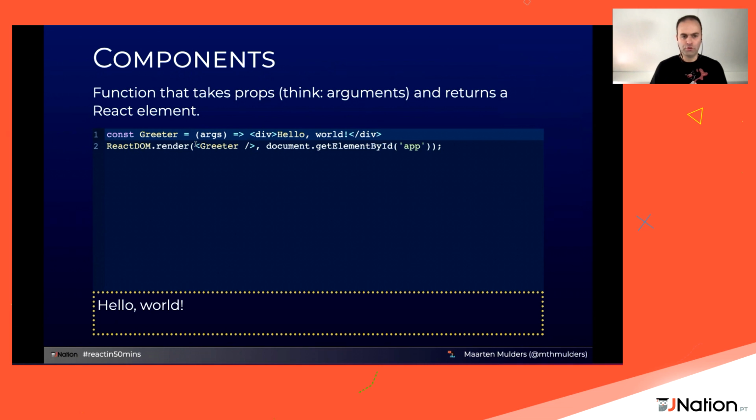And if you want to use such a component, you use it as if it were an XML tag by opening it and either self-closing it or closing it with a closing tag. And here it's interesting to note that if you start writing components, their name must start with a capital letter.